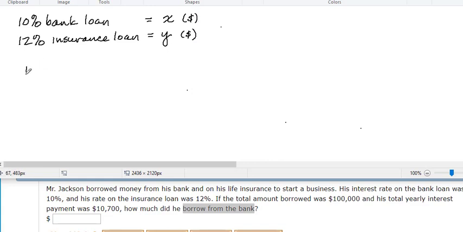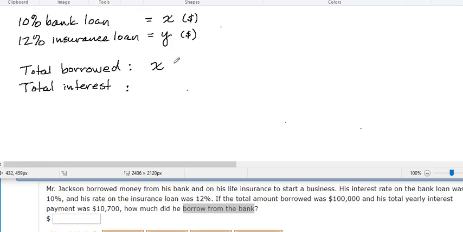I'm going to have two equations. One will talk about the total that was borrowed, and the other will talk about the total interest. Okay, the total borrowed. X dollars borrowed from the bank plus Y dollars borrowed from insurance has to equal $100,000.